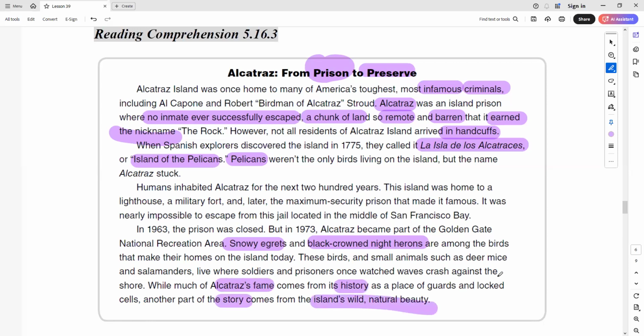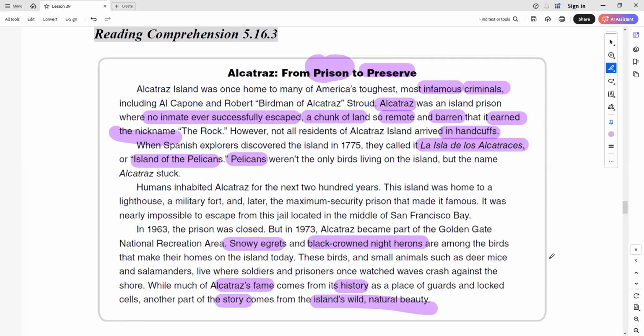OK, the island's natural beauty, because it is very barren, only birds, it formed a unique natural attraction. So it is famous for two reasons: first, it has its history; second, it has the story of its natural beauty. That's why you can see this, okay? The history and story, even though they are not very different things, right? History means the past of it; story means the tale of it. But when these two words are used together, it's so beautiful, right? As a place of guards and lock cells.